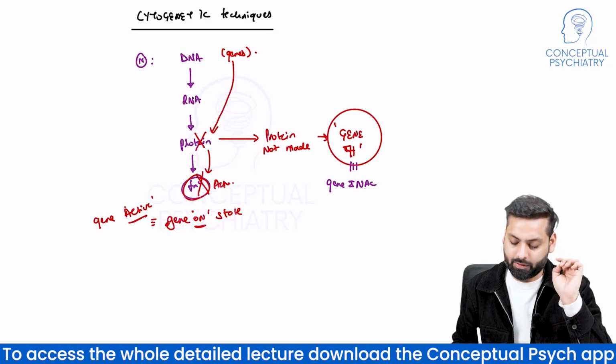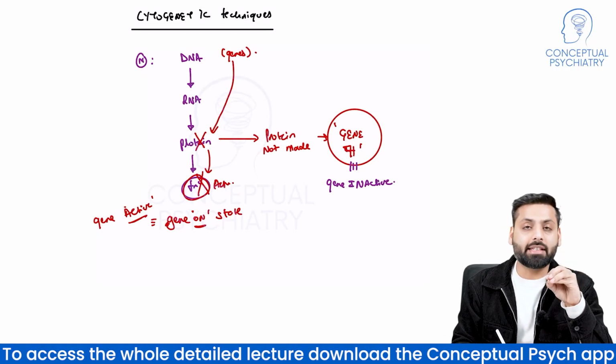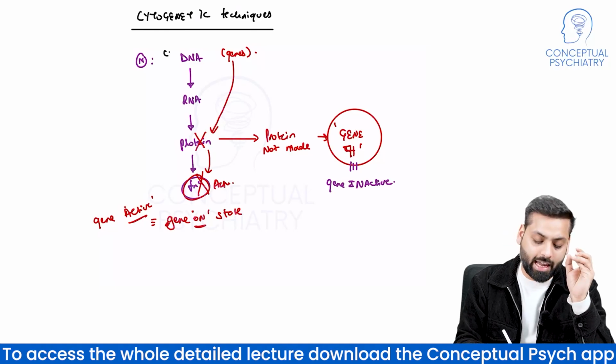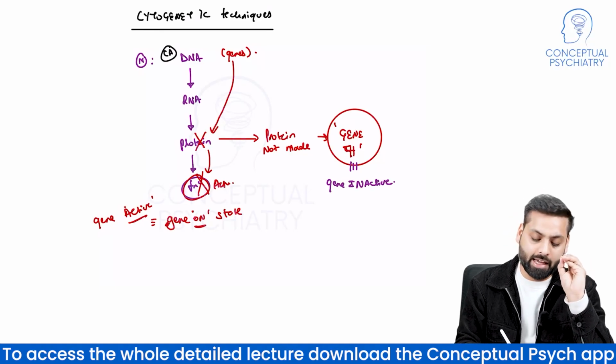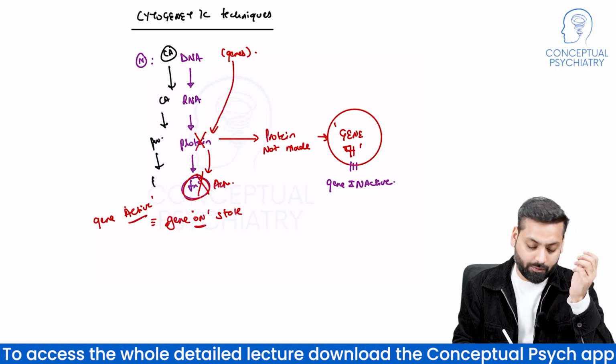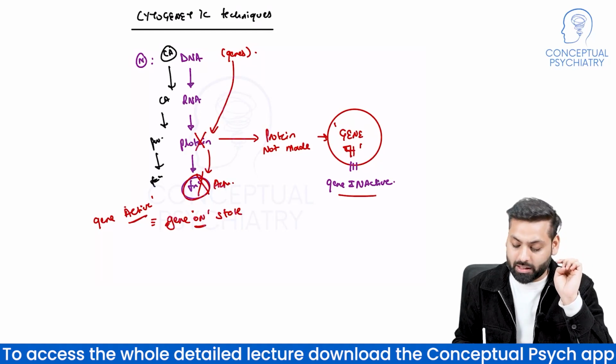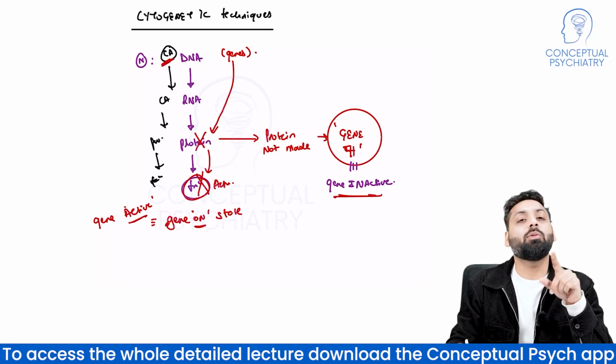Gene is inactive. And let's say this DNA gets corrupt. Let's say this is a cancer cell DNA. This will change into cancer cell RNA, cancer cell protein, and the cancer cell will then cause various disruptive functions. So in this situation, I want this gene to be inactive.